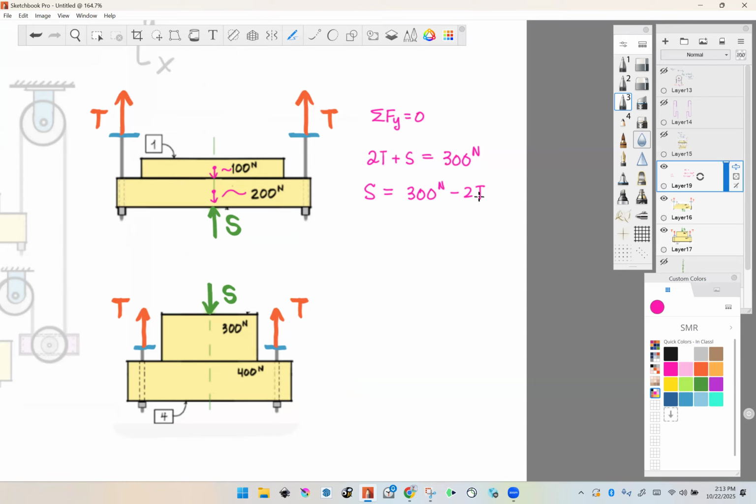So let's go down to the next free body, this one here. I'll change colors and make this one purple. For this one down here, summation of forces in the y direction equals 0. For this free body, upward I have 2T, and downward I have the spring force plus 700.